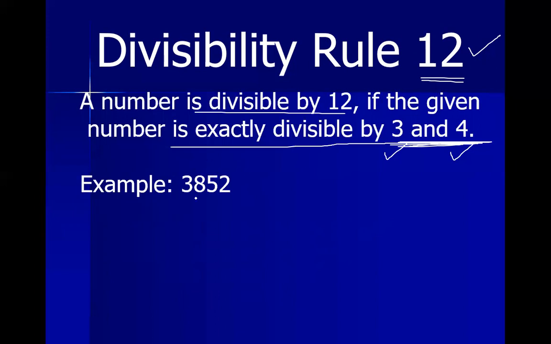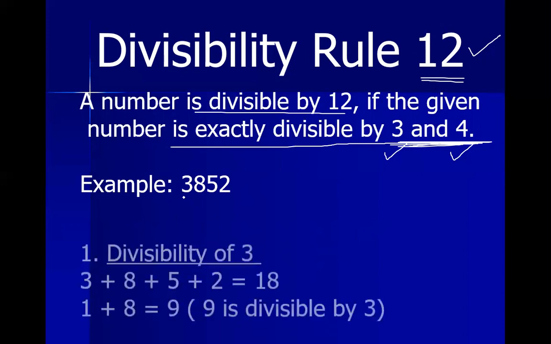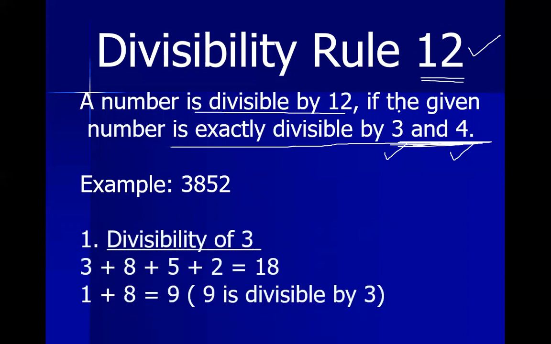Here we have an example, 3852. Firstly, apply the divisibility test for 3. You add all the digits together to get the result. 3 plus 8 is 11. 11 plus 5 is 16. 16 plus 2 gives you 18. And 18 comes in the table of 3, so it is divisible.